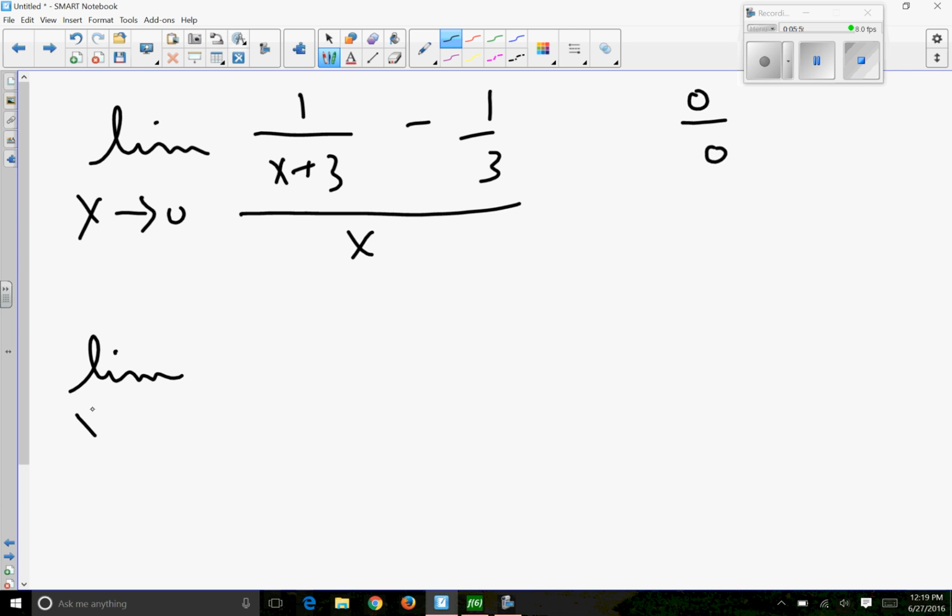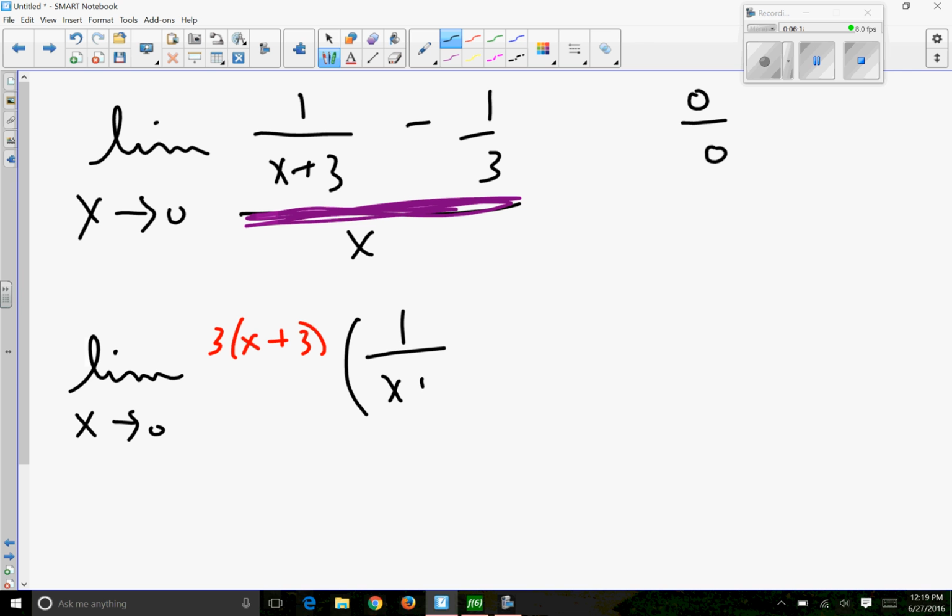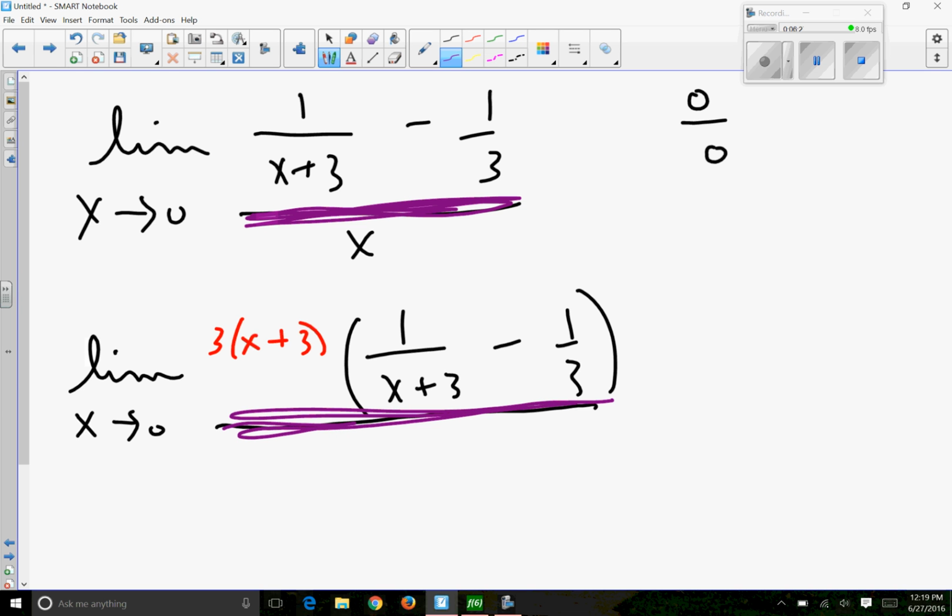Copy the limit as x approaches 0. We're going to multiply the numerator, that means above this purple line, by (x plus 3) times 3. And because we are doing that, we have to multiply the denominator that's below the purple line by the same thing, (x plus 3) times 3.